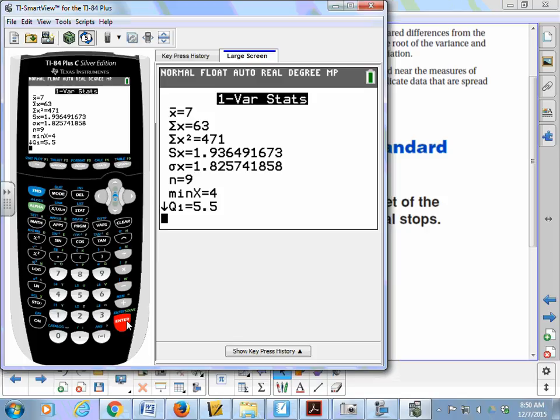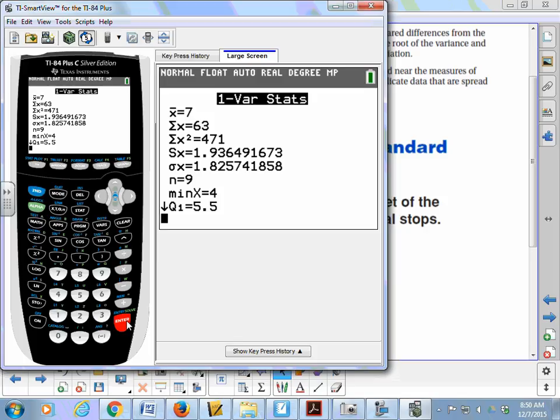This next thing tells us what happens when we square them, and then we have standard deviation. There are 2 types of standard deviation. One stands for a population, a whole population. One talks about just a sample of a population. So we'll be using sigma here.